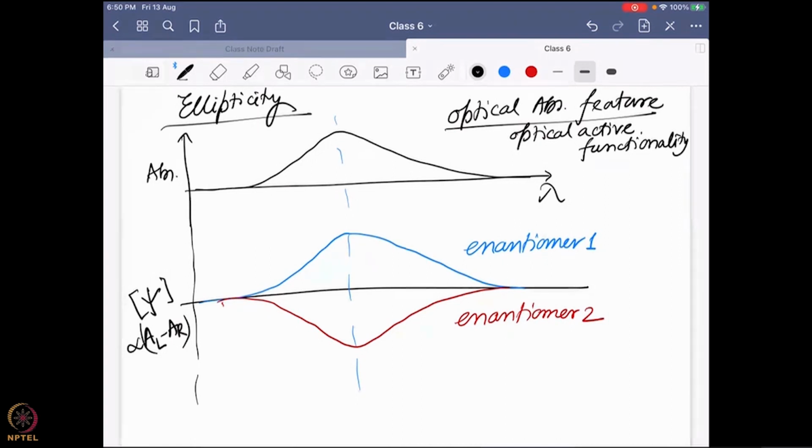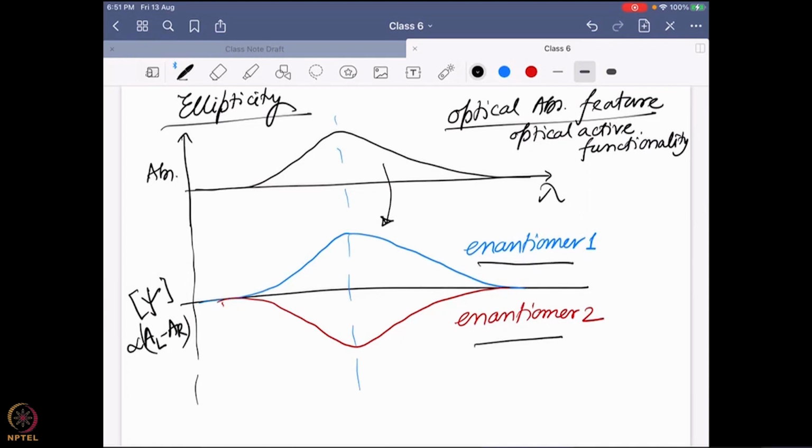And not only that, their actual data will mirror the optical absorbance feature. They will be exactly the same. Why? Because ellipticity is directly dependent on the absorbance. That is the only phenomenon. So obviously, if you are comparing absorbance versus ellipticity, that will be very much similar. However, depending on which particular enantiomer we are talking about, that will be either positive or negative.